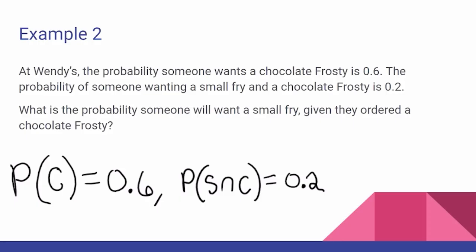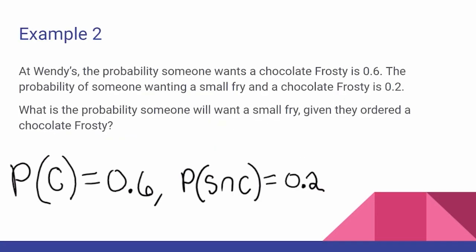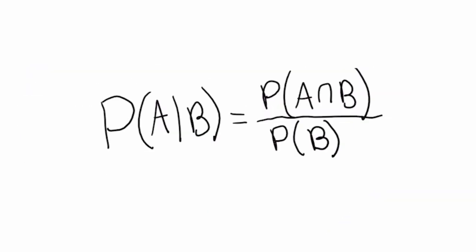Well, what are we looking for? Let's see. The probability someone wants a small fry given they ordered a chocolate frosty. That given is an important word. Given tells us that we know that, right? So we're given they ordered a chocolate frosty, and we want small fry. So the probability we're looking for, A given B, is probability of small fry given chocolate frosty.